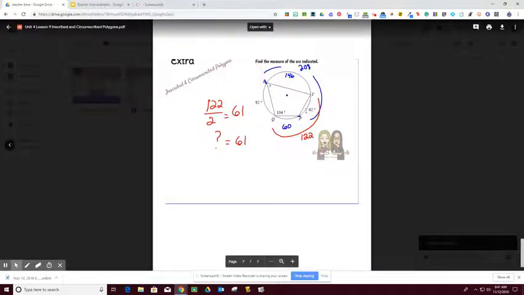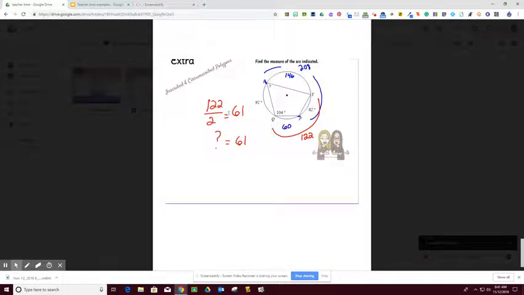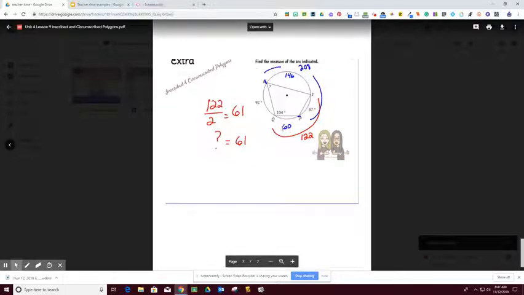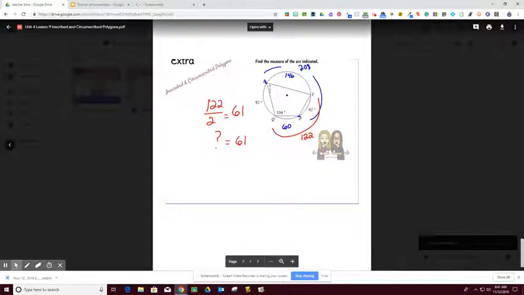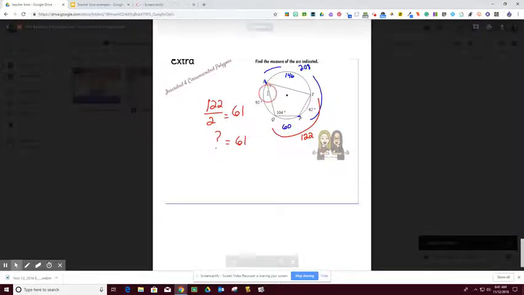So 208 minus 62 gives me 146. 360 minus all the way around gives me 60. And 60 plus 62 is 122. Divide by 2 means that that angle is 61. If this angle is 61, this angle also is 61.